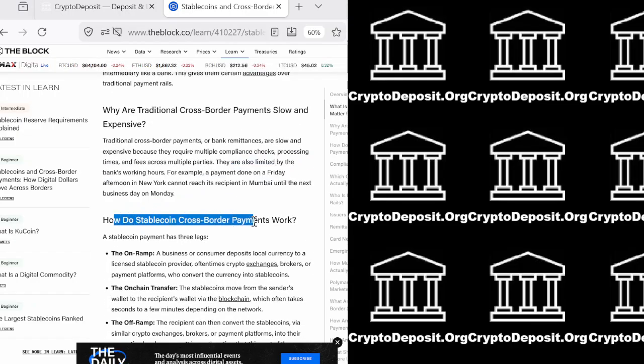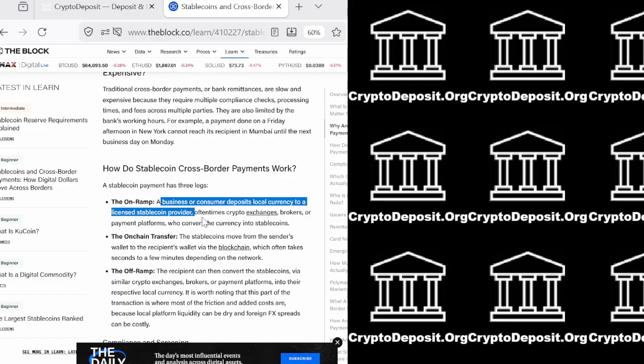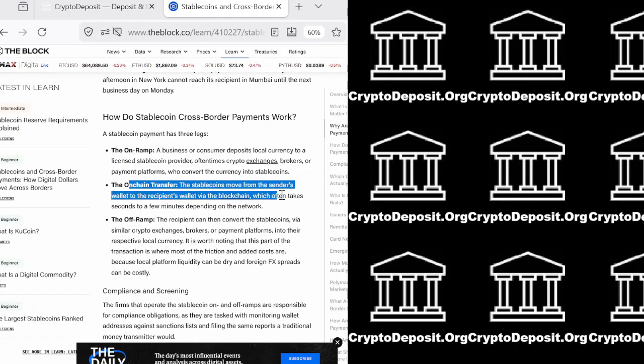How do stablecoin cross-border payments work? A stablecoin payment has three legs. The on-ramp: a business or consumer deposits local currency to a licensed stablecoin provider, oftentimes crypto exchanges, brokers, or payment platforms who convert the currency into stablecoins. The on-chain transfer: the stablecoins move from the sender's wallet to the recipient's wallet via the blockchain, which often takes seconds to a few minutes depending on the network.